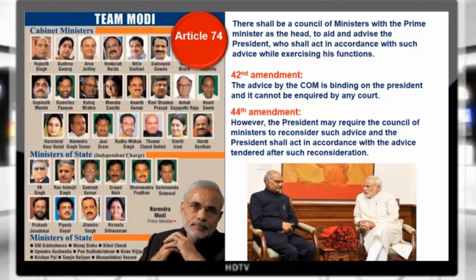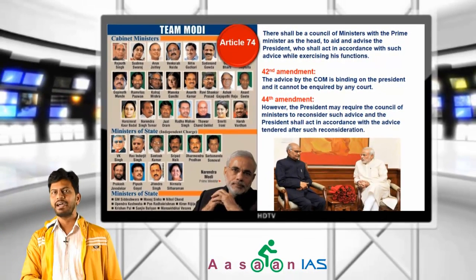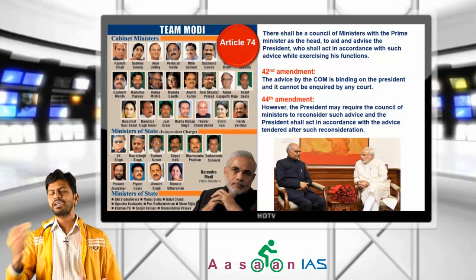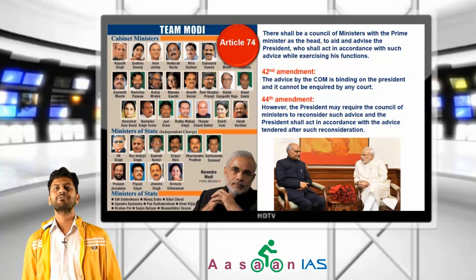However, the President may require the Council of Ministers to reconsider such advice. मतलब he has to follow, but 44th Amendment ने थोड़ा सा change किया इसको. क्या है? Reconsider करने के लिए बोल सकता है Council of Ministers को, but the President shall act in accordance with the advice tendered after such reconsideration. Try to understand this line. Reconsider करने के लिए बोल सकता है. अगर Council of Ministers again same advice देता है after reconsideration, that means if they don't change, then the President has to act. बस एक बार cross check करो, ये बोलने का मौका add किया है 44th Amendment में, which was not there in the 42nd.